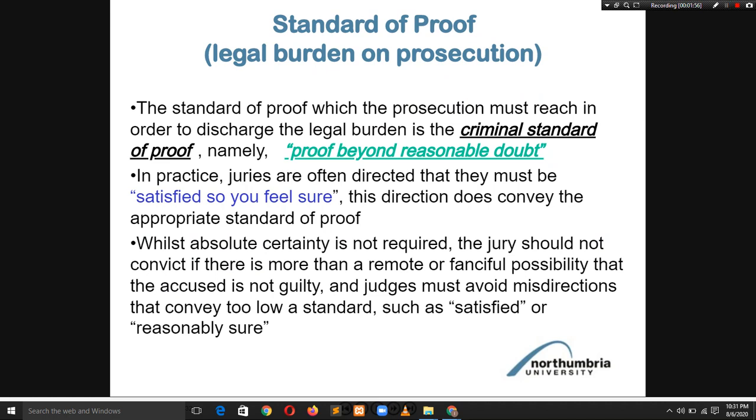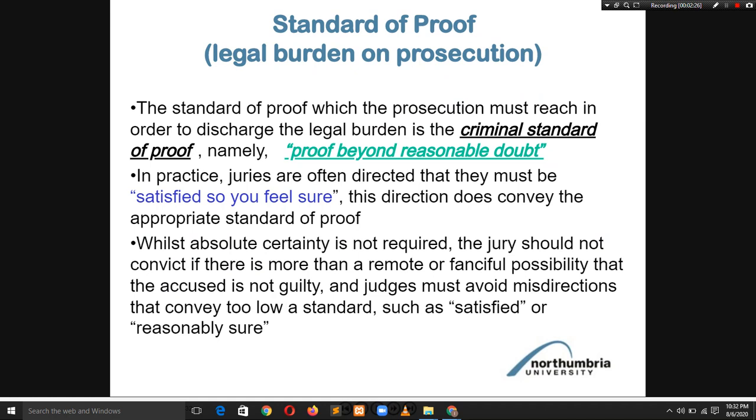The standard of proof which the prosecution must reach in order to discharge the legal burden is the criminal standard of proof, namely proof beyond reasonable doubt. In practice, juries are often directed that they must be satisfied so that they feel sure. This direction does convey the appropriate standard of proof.